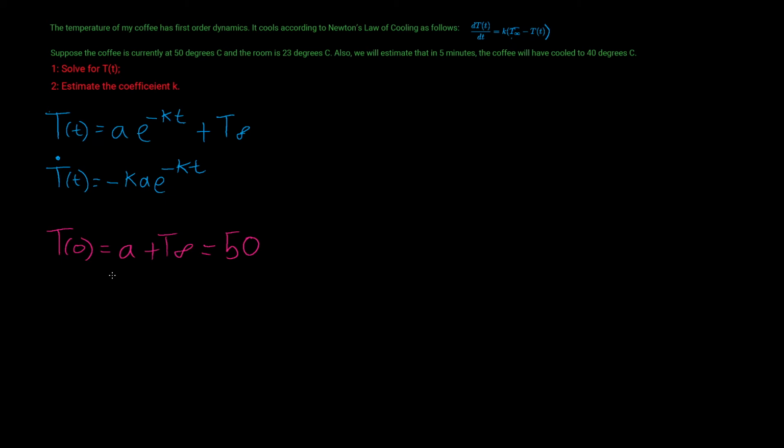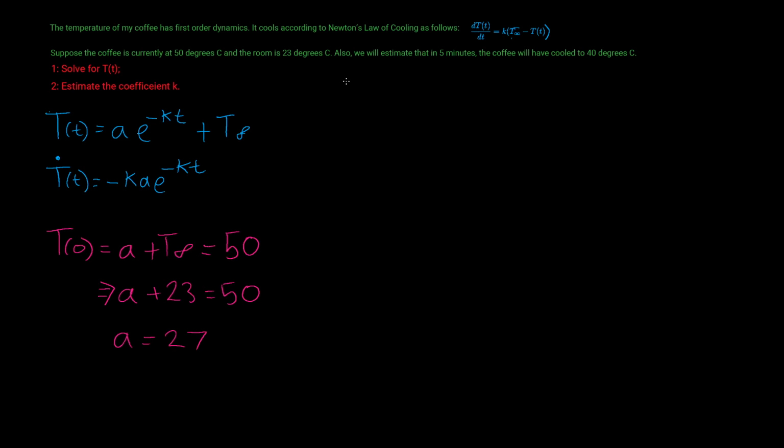But we also know that the temperature of the room is 23 degrees Celsius. That means that the coffee has to eventually end up at that temperature. So we can substitute that in. And we see if we solve this by taking the 23 over to the right-hand side, our A is equal to 27.